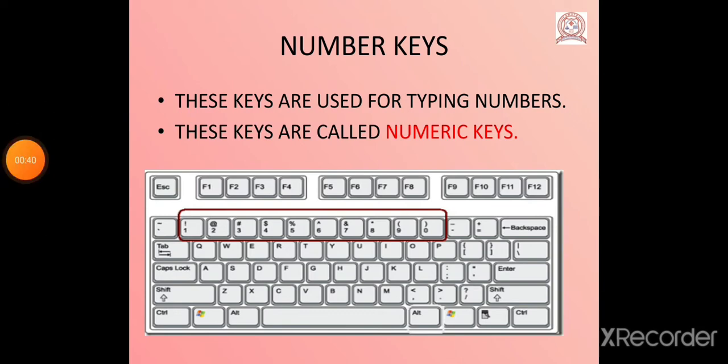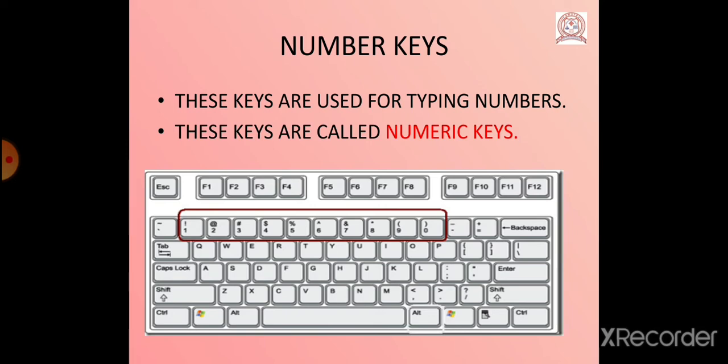On page number 37 of your textbook, three keyboards are given. On the first one, you have to color numbers 7 and 9 on both the numeric keys, means the one which is shown in the picture below and the one on the right side of the keyboard.